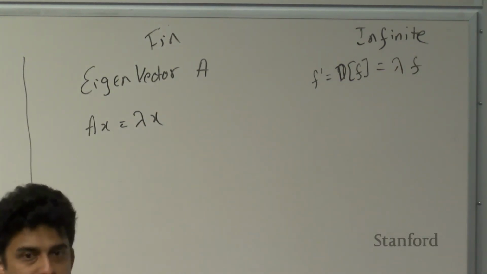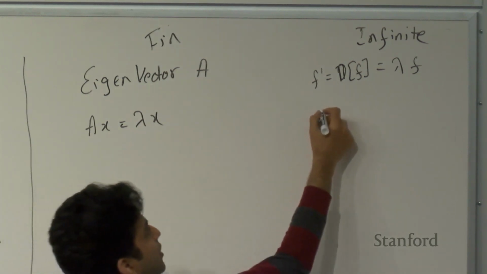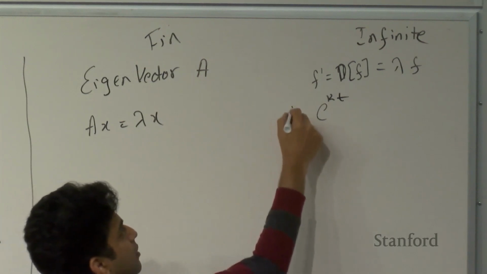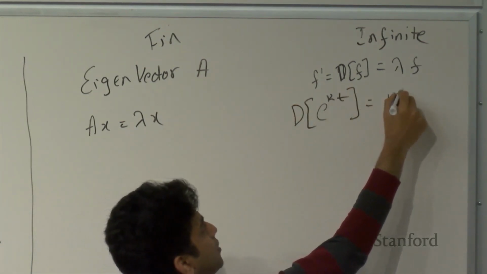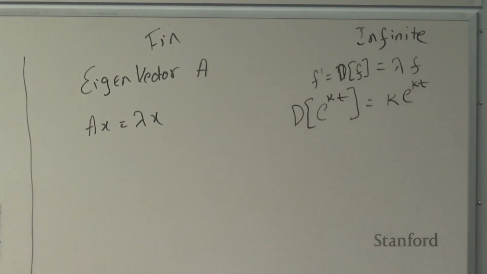For differentiation, can you make a guess of what can be an eigenfunction? Exactly. Say e to the kt, where t is the variable; its derivative is k times e to the kt. So you can think of the exponential as an eigenfunction for the differentiation operator.